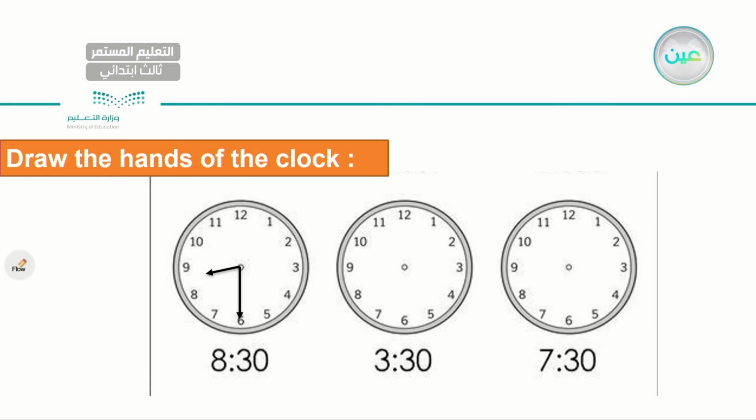Remember, the hand that refers to the hour should be between 8 and 9. Okay, so it is 8:30. Next, 3:30. Very good. Minute. And this one. Very good. Excellent. Next, I have 7:30 and this one. Very good, my dear student.